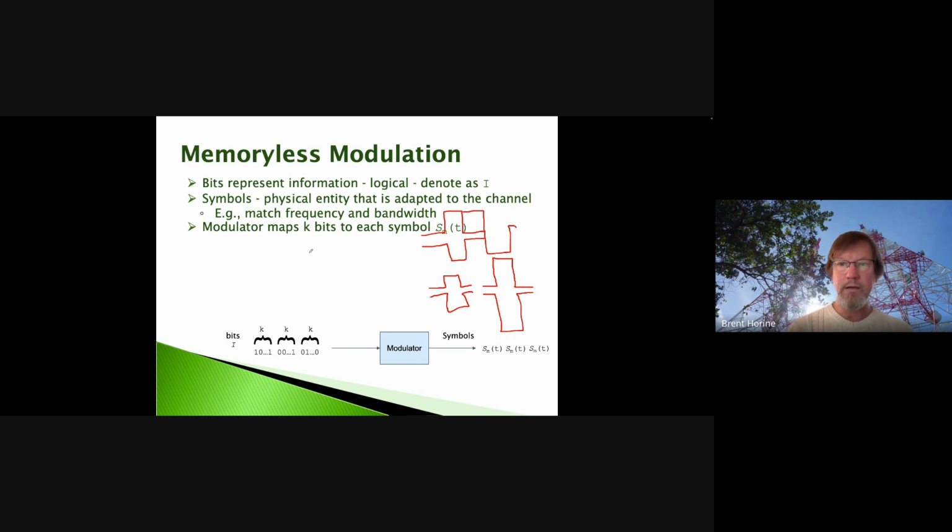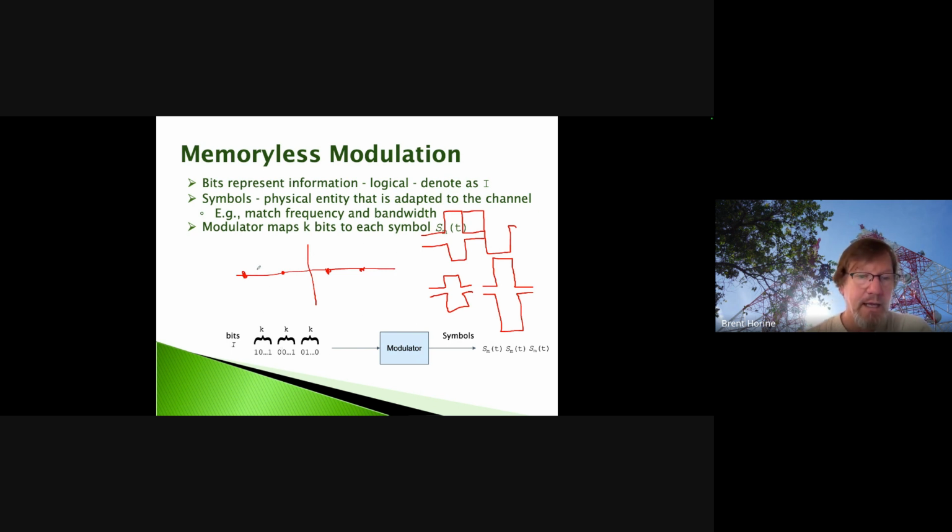So now we might draw this constellation as something like this, where each one of these dots, horribly drawn dots, represents a different symbol, right?